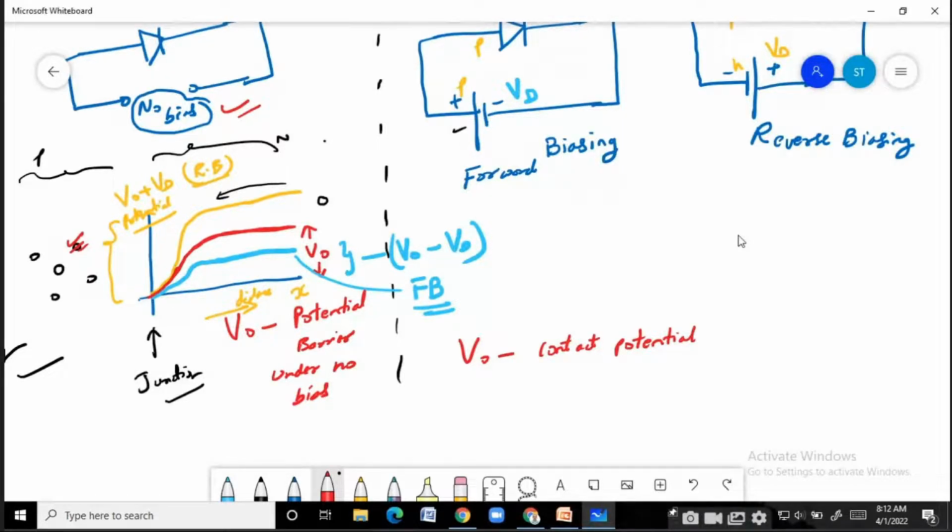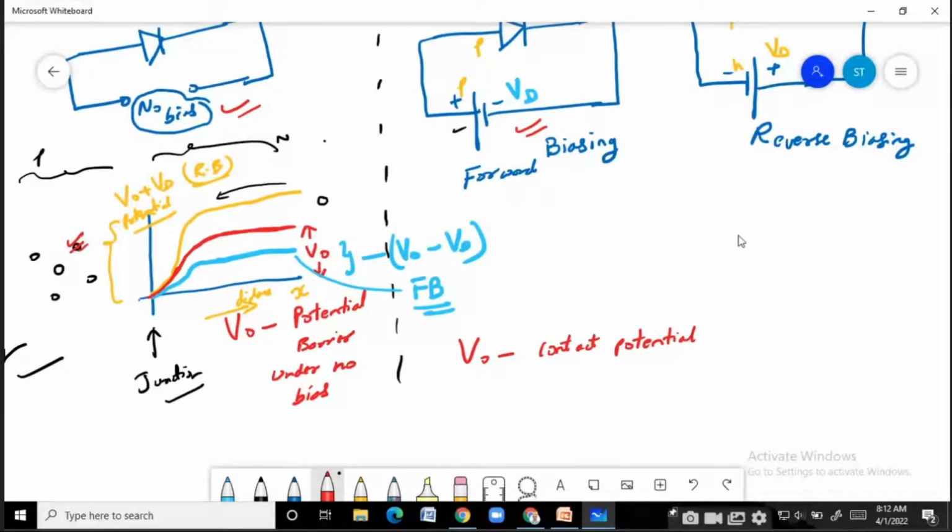When you forward bias a diode by a potential Vd, you are actually reducing this barrier by Vd. This is represented by V naught minus Vd, as written here with this blue colored curve. You can see that the barrier has reduced.